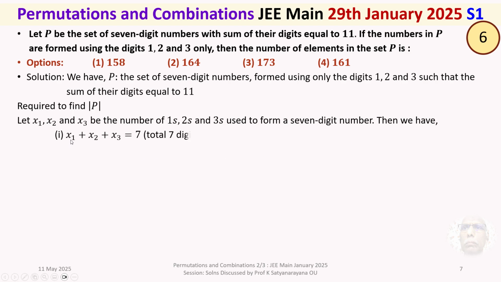First, x1 plus x2 plus x3 is equal to 7. Why? Because the number has a total of 7 digits. Right. 1 times x1 plus 2 times x2 plus 3 times x3 is 11. Why? Because the sum of the digits is equal to 11.